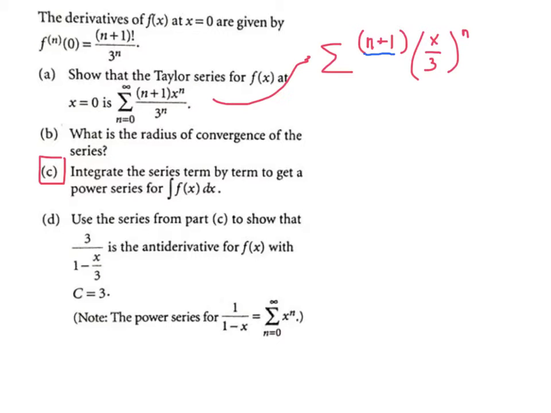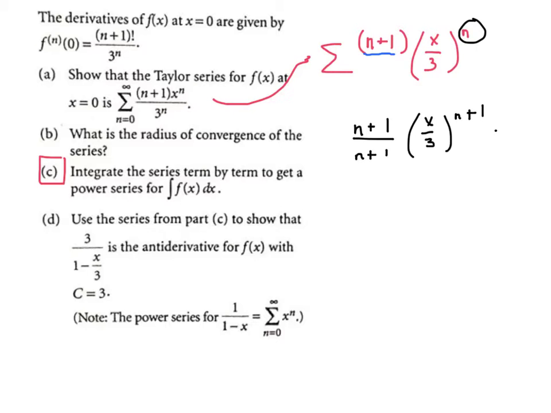How I would do the integral is I'd raise the power of this, so it would become x over 3 to the n plus 1 divided by n plus 1. And I already have an n plus 1 out there, so it looks like that.